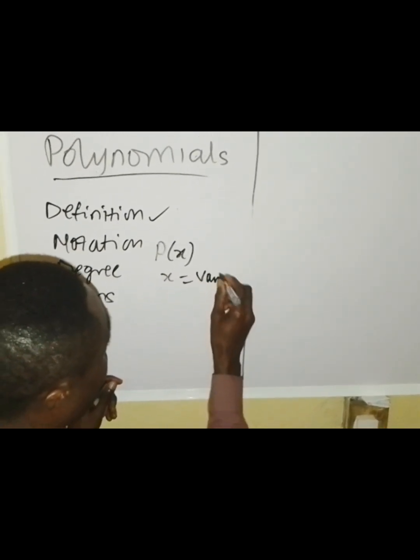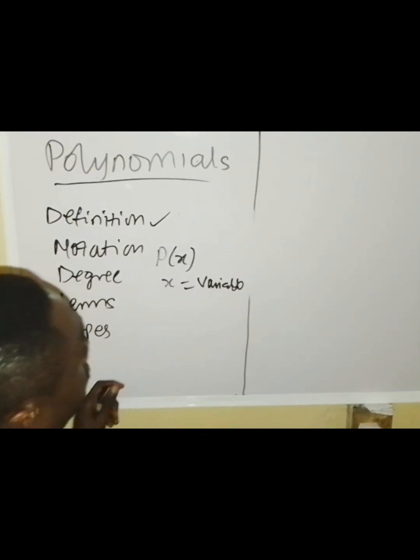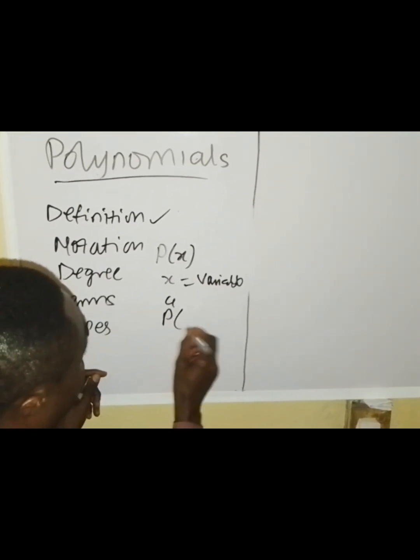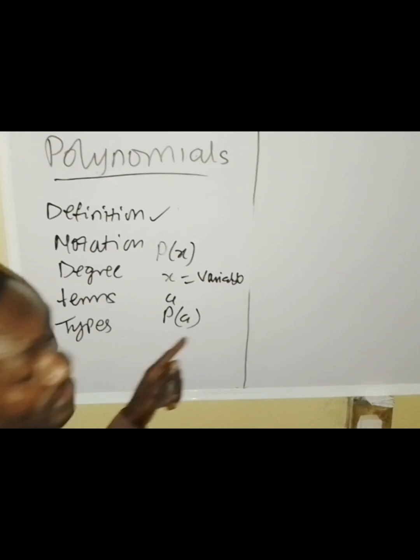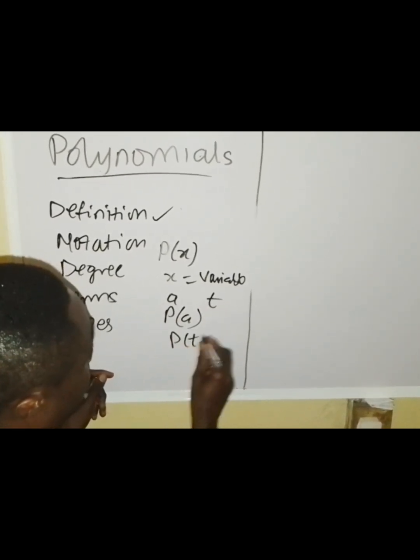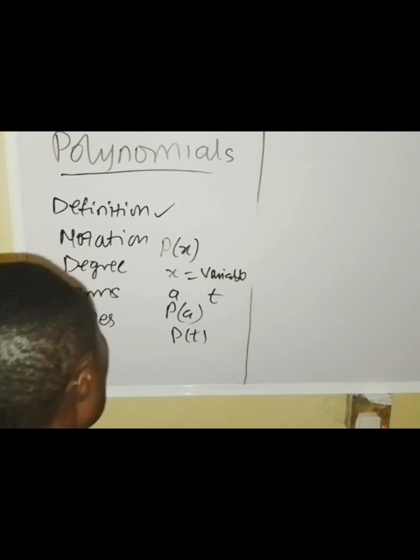Variable. So if your variable is a, for instance, our polynomial expression will be p of a. If your variable is t, it will be p of t, as the case may be. So this is what we call notation.